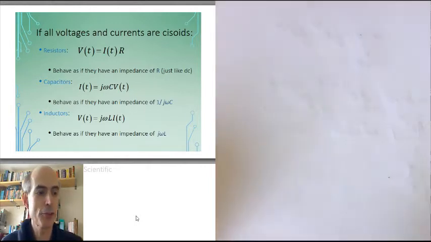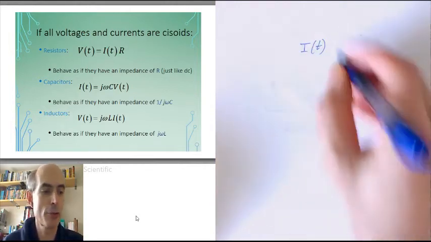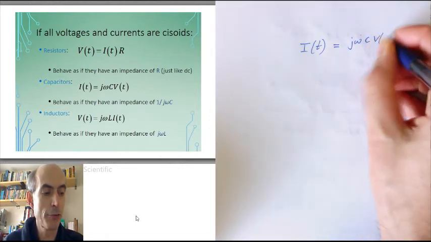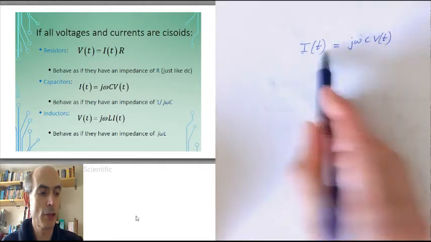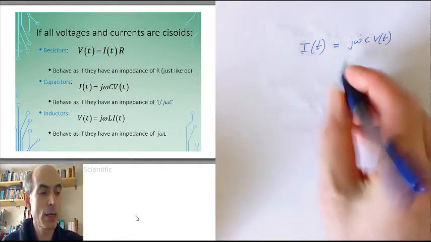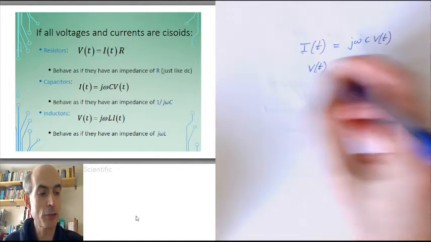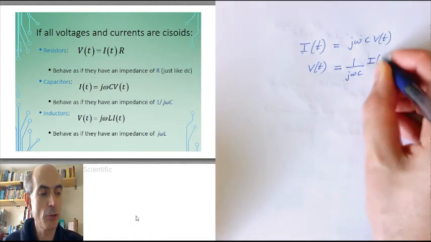So for capacitors, we have the result that the current as a function of time through the capacitor is equal to j omega C times the voltage across the capacitor as a function of time. And if these are both cisoids, then that gives us the result that the voltage across the capacitor is 1 over j omega C times the current through the capacitor.